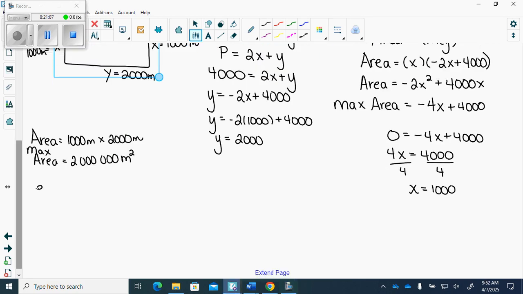Example 2. This one was like the volume question in polynomials in grade 12, math 30-1.